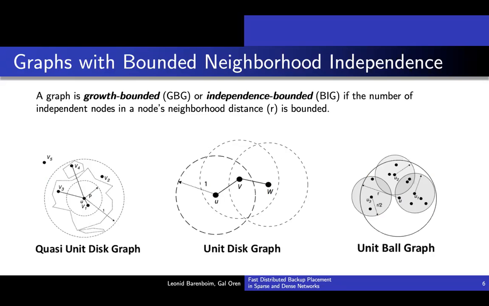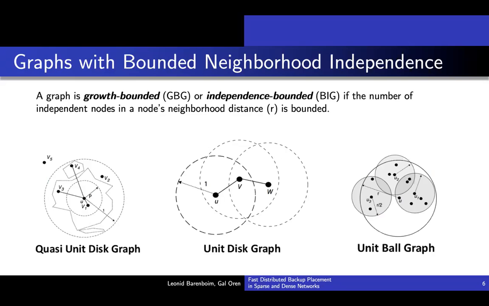As this family of graphs only restricts the number of independent nodes in each neighborhood, it is a generalization of the UDG, QUDG, and UBG graph models, which are essential models for real networks. More known ones are social networks, claw-free graphs, and line graphs.